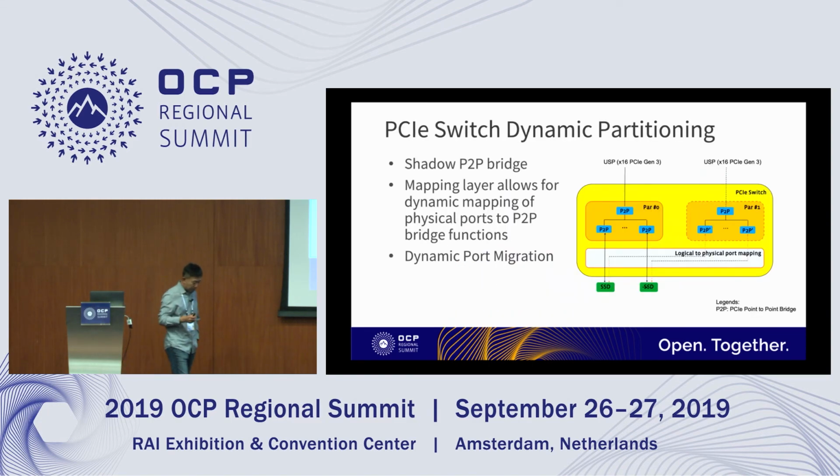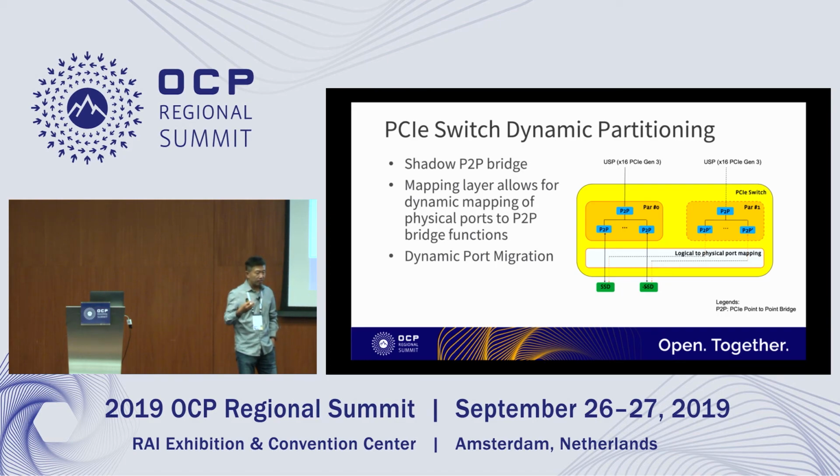Fortunately, if you do some clever configurations, you can make use of the PCIe switch to create a failover situation. And this ties to a feature called dynamic partitioning. In a conventional PCIe switch, there's a P2P bridge functionality that has a one-to-one mapping with the physical ports connecting to the end device.